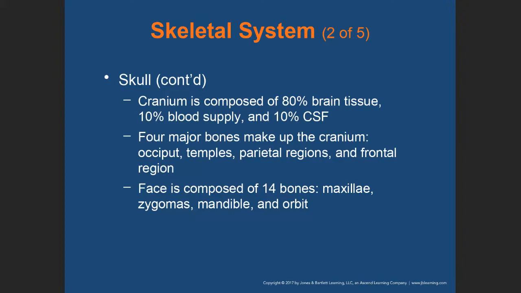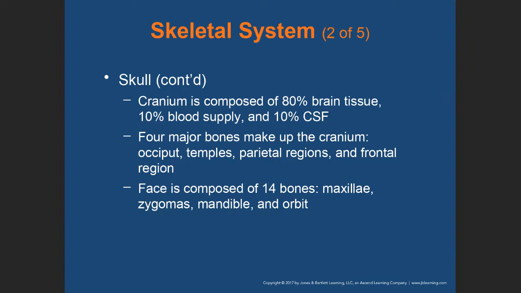The cranium is composed of 80% brain tissue, 10% blood supply, and 10% CSF. With all of that space being occupied by brain tissue, there's not a lot of space inside of the skull for swelling to occur.